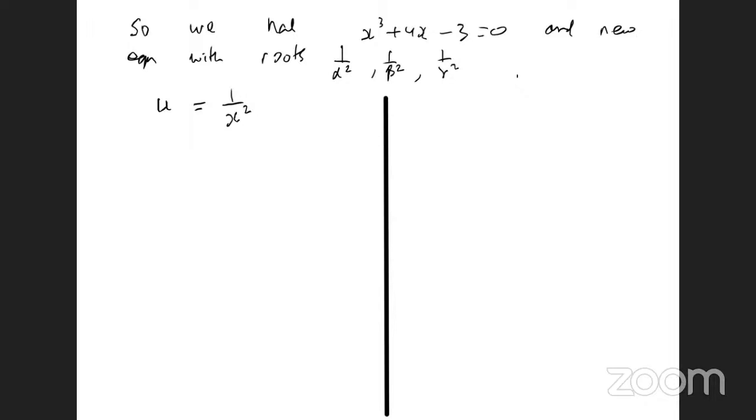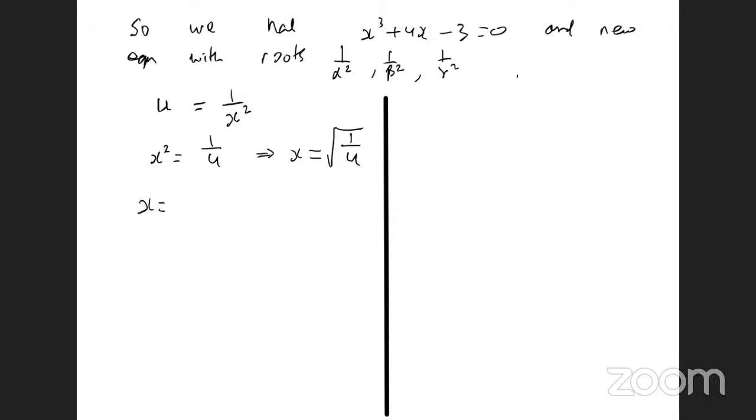So the first thing we're going to try and do is make x the subject of the formula, so I can replace all these x's in terms of u. So x squared is equal to 1 on u, which implies, Shirish, what would x be? x will be the square root of 1 on u.